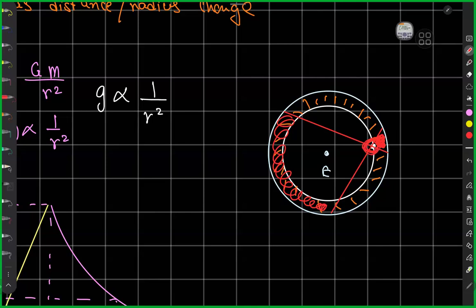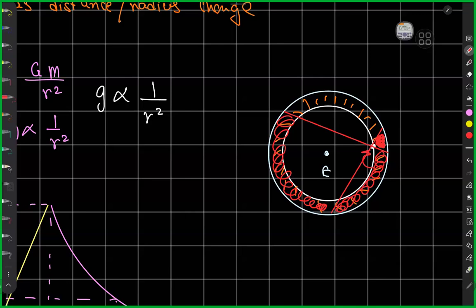Now, the same thing happens for this part as well. This part and this part, the pull for those two parts is equal, similarly distanced from the white object. So what is happening over here? The force that this shell of Earth has on the object gets cancelled out by the force of this shell that it has on the object.